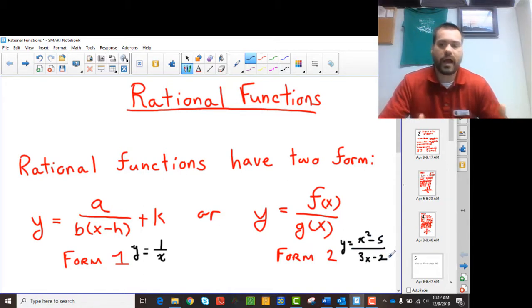That's a rational function. So we're going to look at both forms. We're going to start looking at just the a, b, h, and k vertical and horizontal transformations of 1 over x. And then once we've done a few practice questions with that and understand that concept, then we're going to look at the second form.